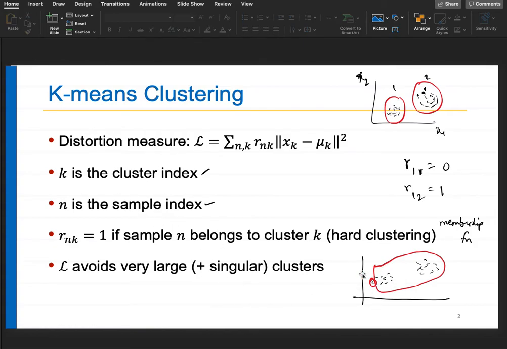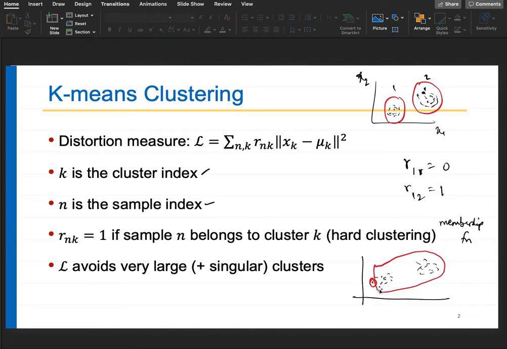So the basic idea is that this L avoids very large clusters plus a few singular ones. Means if I cluster this whole data in one heap or one cluster, and just this one point I put separate, I say this is a separate cluster, that is not a very good thing which I want to get.